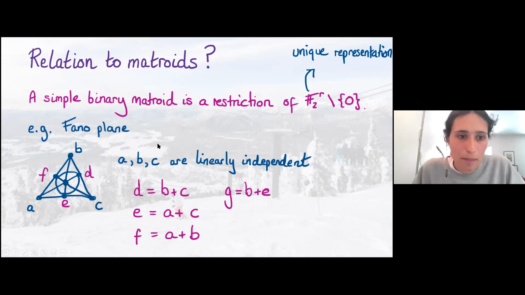Firstly, when you're thinking about matroids, it's important that A, B, and C are linearly independent. This is the way the matroid is defined. When we're looking at solutions, we don't have such a restriction on A, B, and C. I was wondering if saying they're linearly independent is like saying they don't solve certain equations, and whether there is some nice way to express this condition that gives more equations.